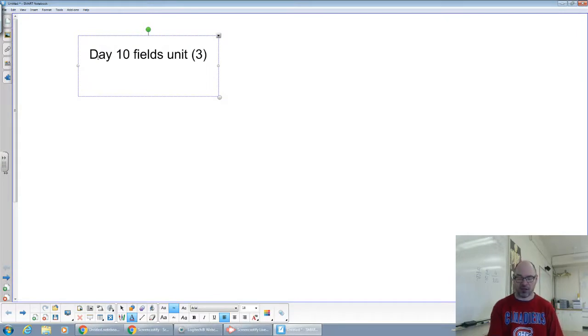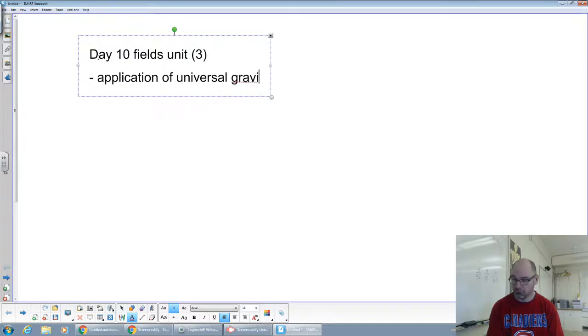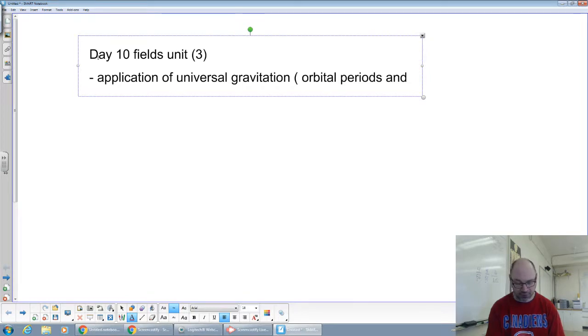We're going to be looking at an application of universal gravitation: orbital periods and speeds. That's what we're going to be looking at.